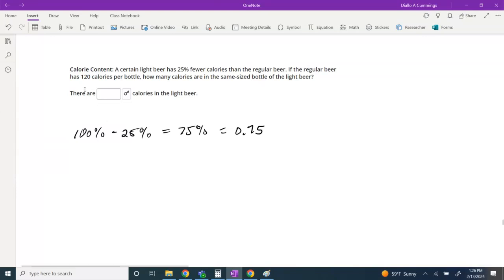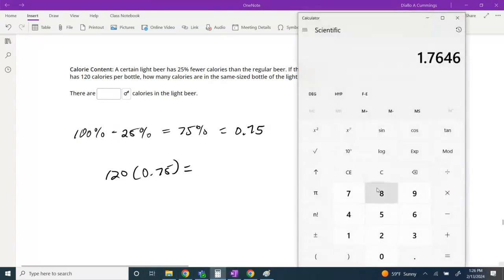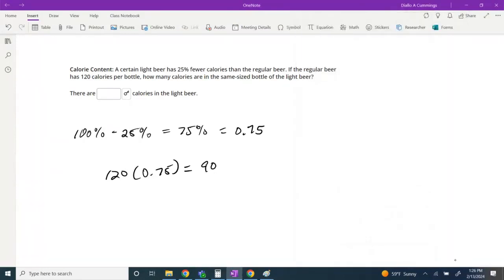I'm then going to take the original amount of calories, which is 120, and multiply that by 0.75. So if I punch that in on the calculator, 120 times 0.75, so notice we subtracted, we should get a total of 90 calories.